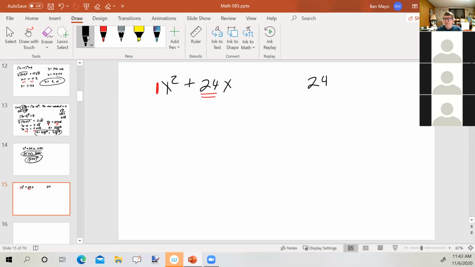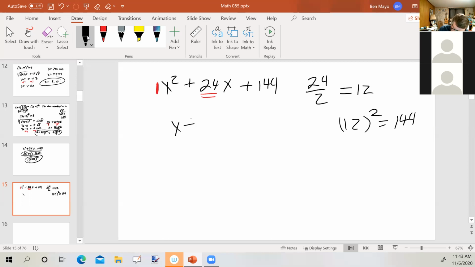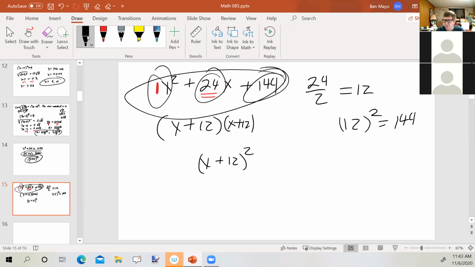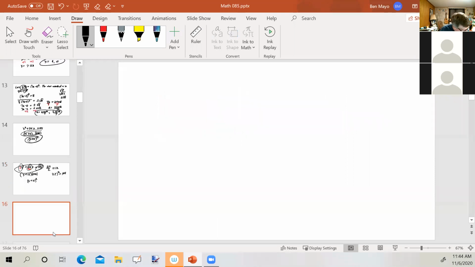I take that coefficient, divide it by 2, take the result and square it, and that is the constant that will then give me a perfect square trinomial. So if this is a 1, take that number, cut it in half, square the result, and you create a perfect square trinomial. Okay, let's look at several of those till you've got the idea.